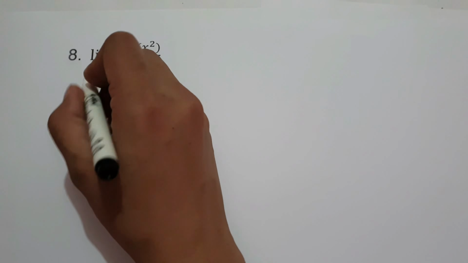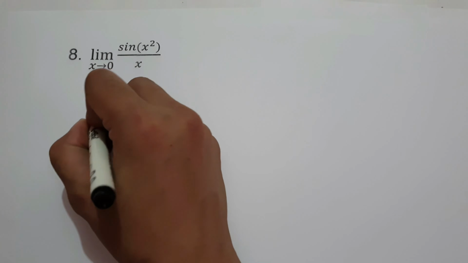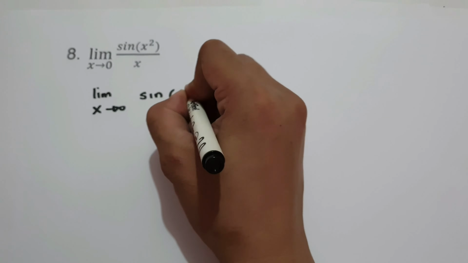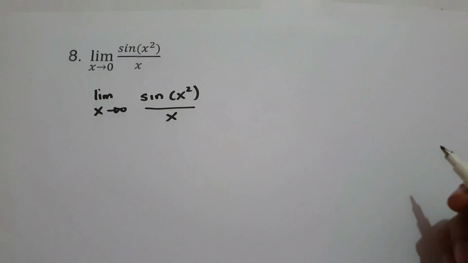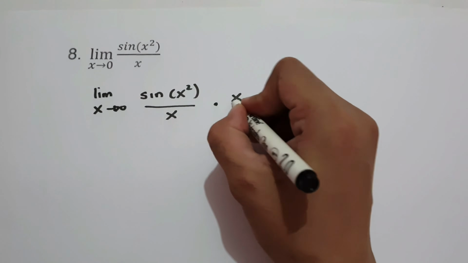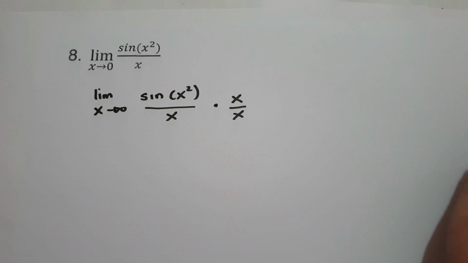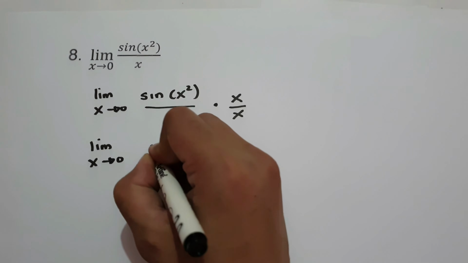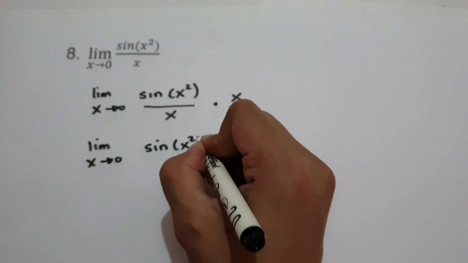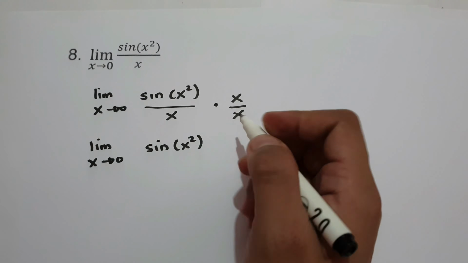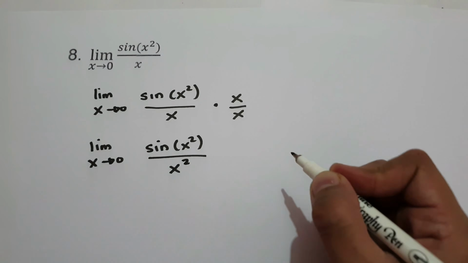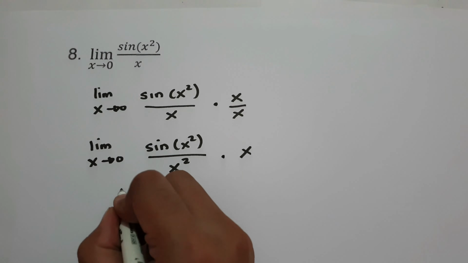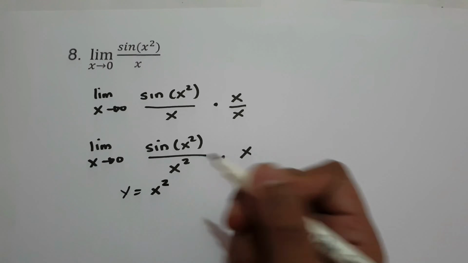So let us multiply this by x over x. We have the limit as x approaches 0 of sine x squared over x squared times x, since multiplying x and x gives us x squared in the denominator. So let us represent y as x squared.